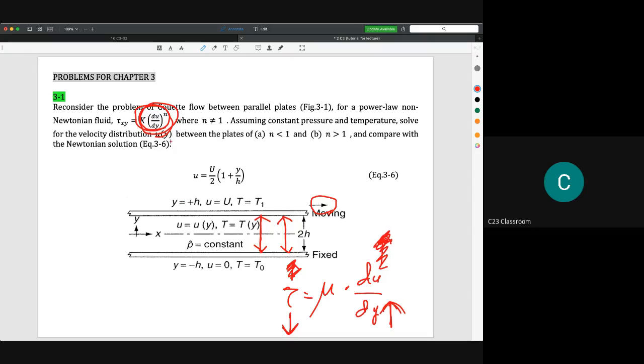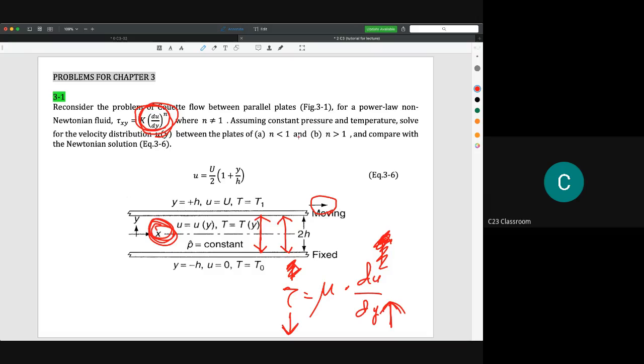So the velocity distribution might show another pattern. But in a real application, if you want to make sure that the plate is influenced by the liquid between these two plates, the gap here is in a certain range. It cannot be too large. So if you change the liquid here, the velocity distribution remains the same.